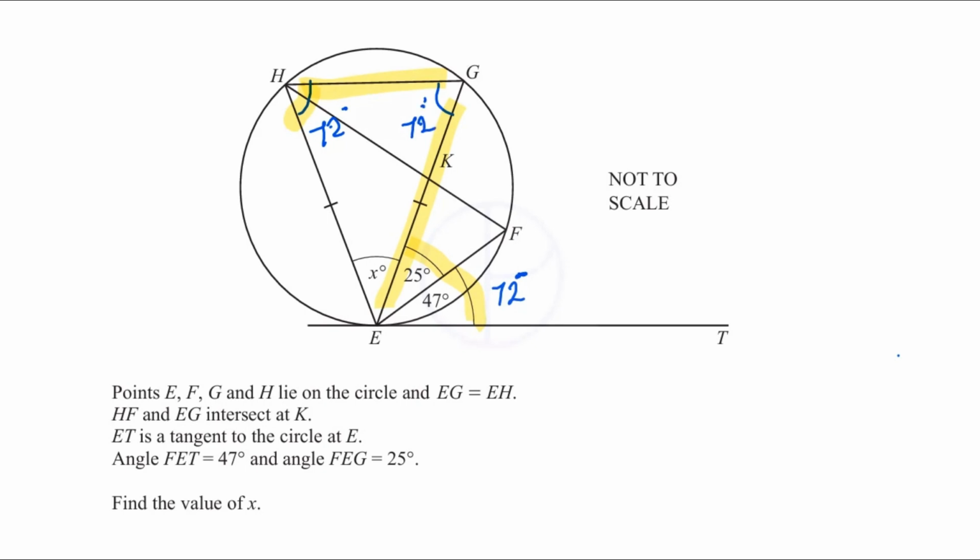Okay. In a triangle, the sum of the angles is 180 degrees. So X plus 72 plus 72 is equal to 180. So X equals 180 minus 72 minus 72, which is equal to 36. So the value of X is 36.